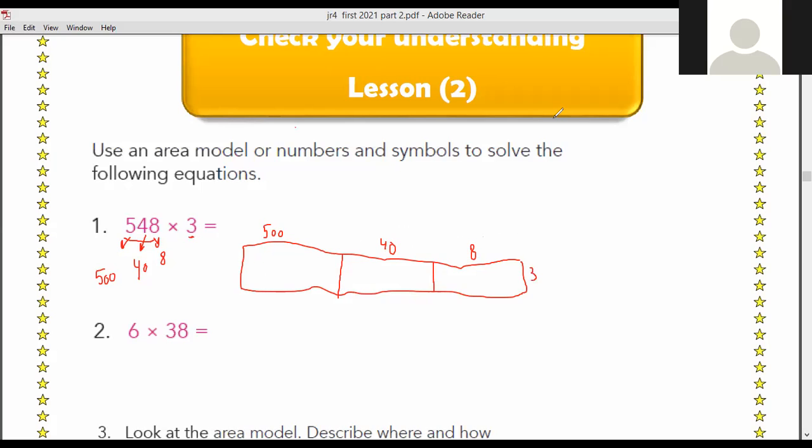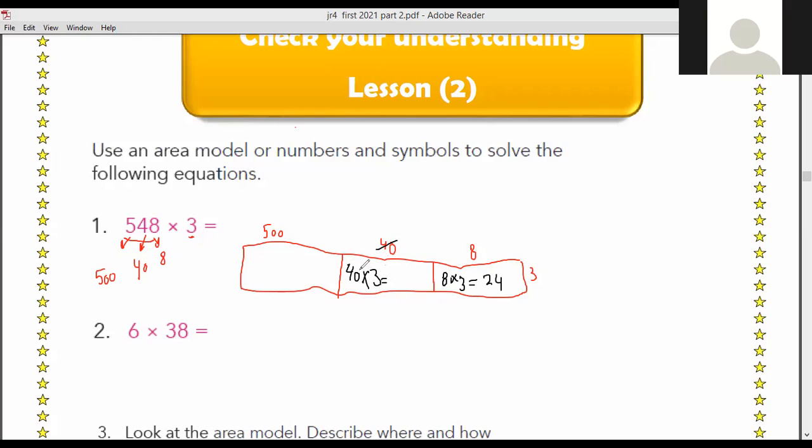So now let's make it. The area of the first rectangle will be 8 times 3. So the answer will be 24. And the second one will be 40 times 3.